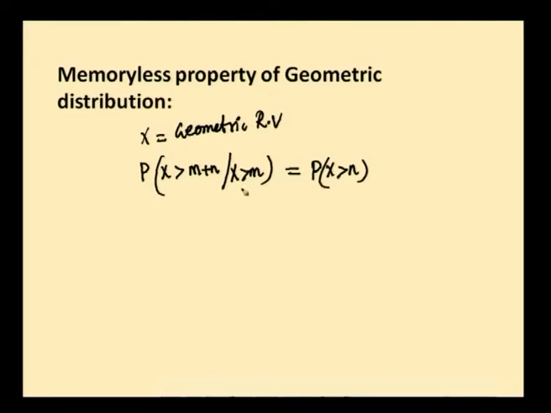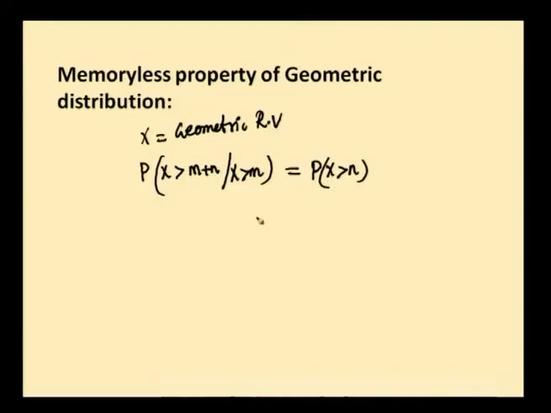This is given condition. Given condition is x greater than m, which is past. The past it forgets, and that is why it is called the memoryless property, and when x greater than m is gone, you will have only x greater than n. How to prove this? The converse is also true here.